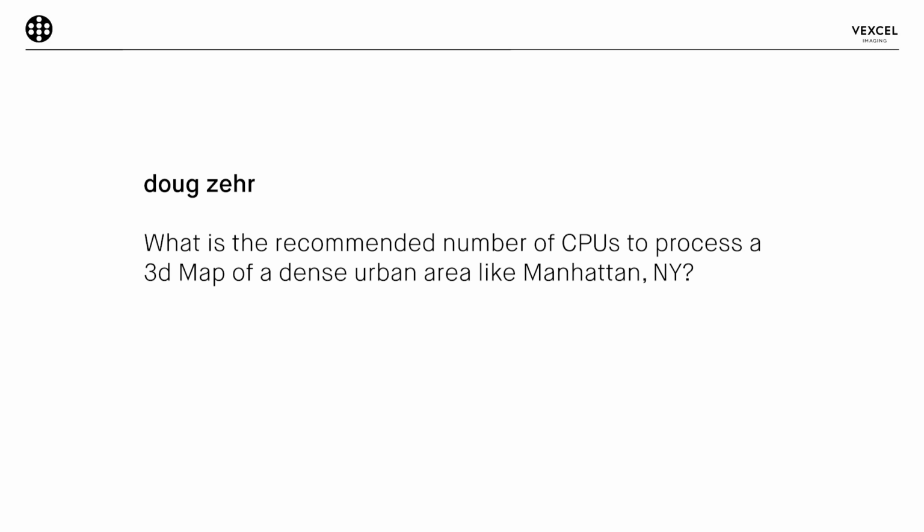If it is just a small area with a few building blocks, 50 or 100 CPU cores might be fine to process the result quite quickly. But if it is all of Manhattan and needs to be processed in a short amount of time, you might need to increase the number of CPUs to a few hundred. But of course, all that depends on the project parameters. So to give a clear answer to that, please follow up via email.